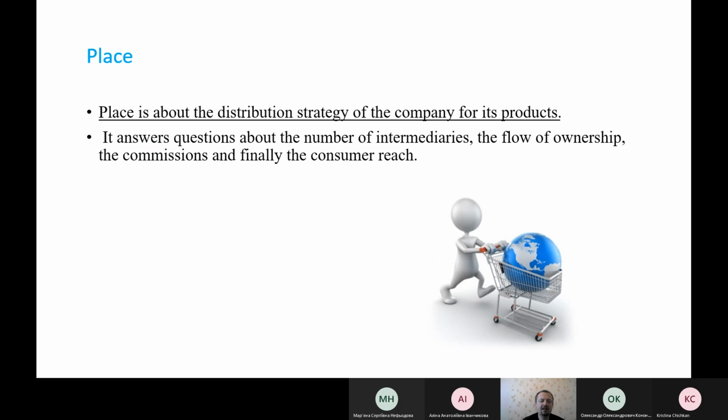Actually, services must be sold only directly, and if speaking about products, you can use some intermediaries, or you can sell your products without intermediaries, or your company can use the mix strategy.